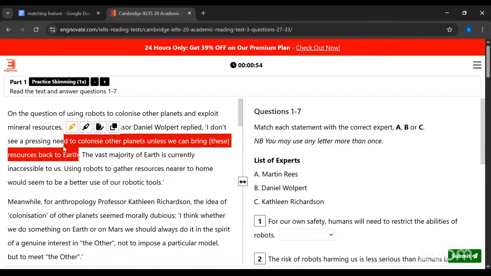There are also some researchers and scientists, so the passage will talk about them, about different planets, and about colonization. Okay, so let's move.